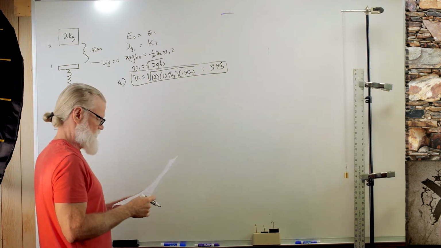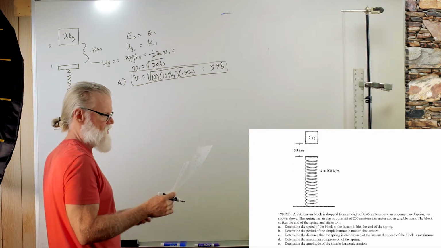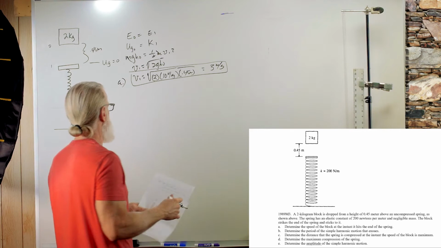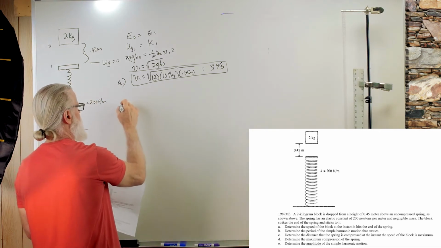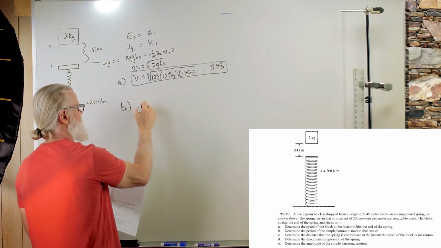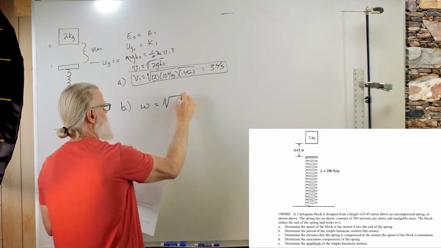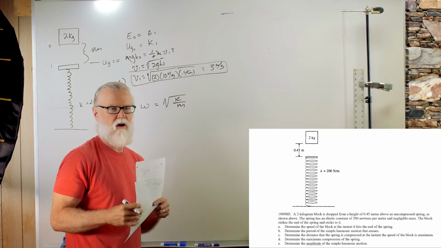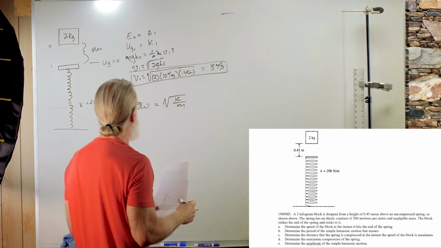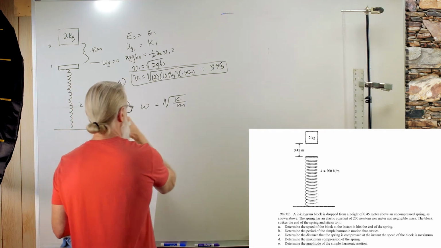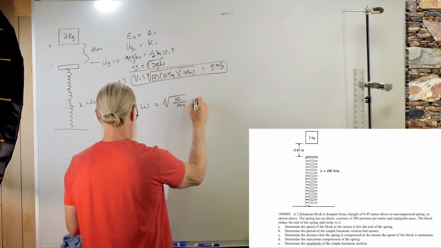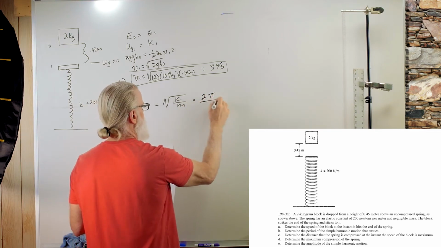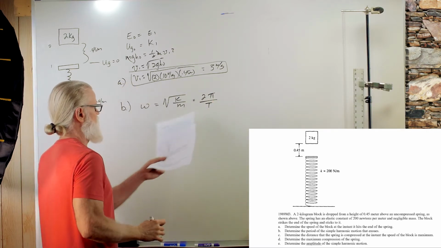All right, determine the period of the simple harmonic motion that ensues. So this is a vertical oscillator, and we know it works like a horizontal oscillator. Omega equals the square root of k over m. You could derive that using conservation of energy, and I would encourage you to do that. I'm not going to do that right now. And this equals 2 pi over the period.